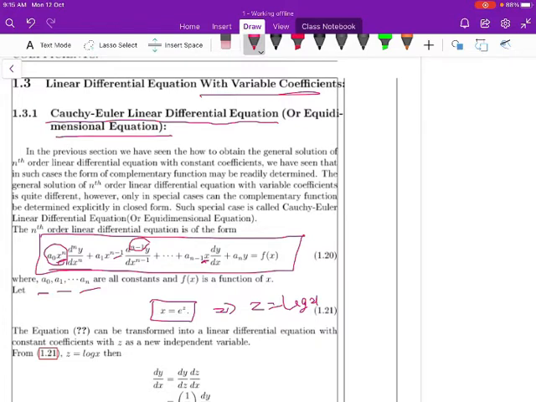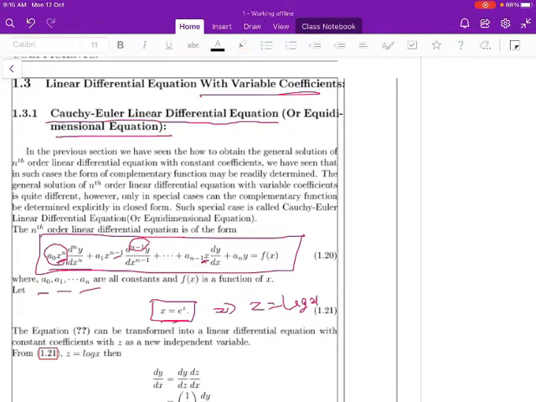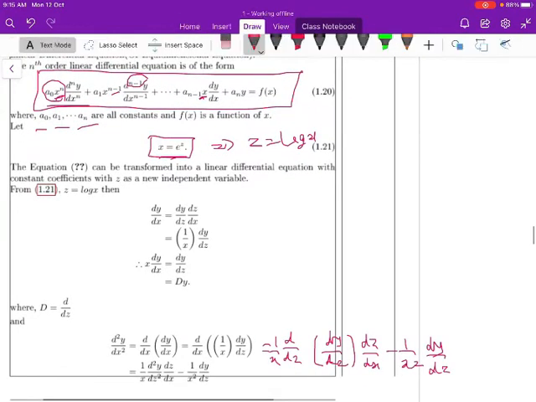So by taking the transformation x equal to e power z, one can convert from variable coefficients into constant coefficients. So I have taken the transformation x is equal to e power z. Now x is equal to e power z, z becomes log x.